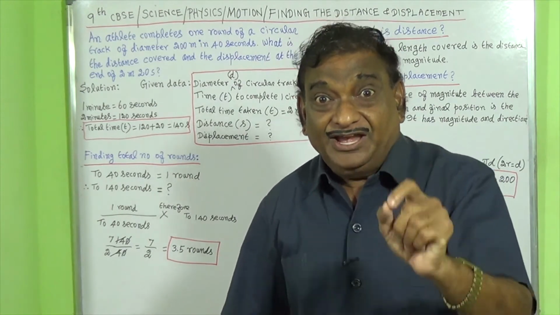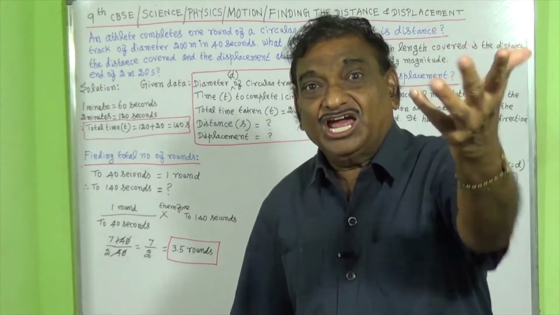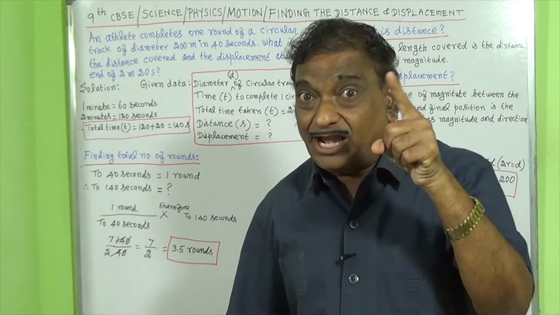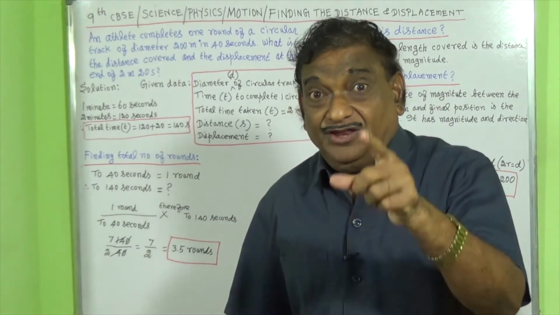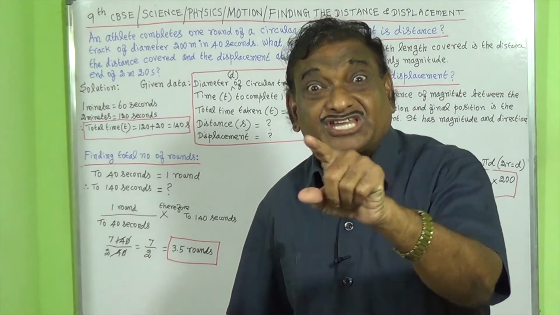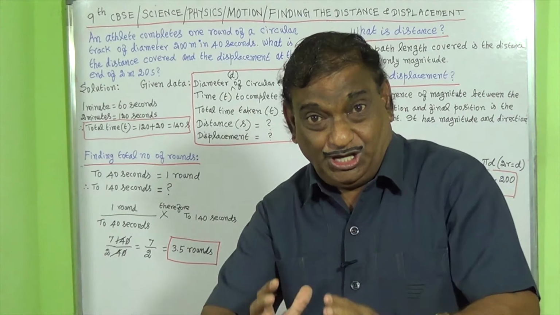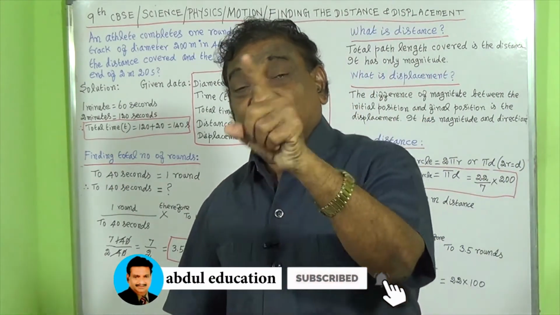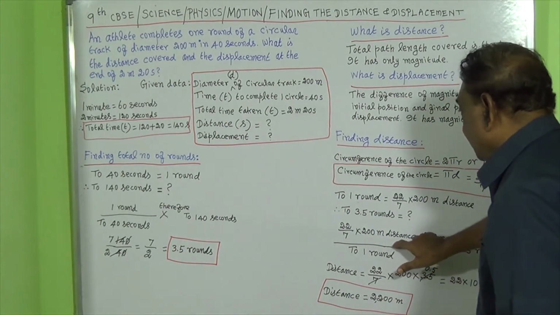When we convert this equality relation into the fractional relation, whether we are going to find the number of rounds or at this place, whether we are going to find the distance, in this instance, we are going to find the distance covered, so that the distance should be placed in the numerator.